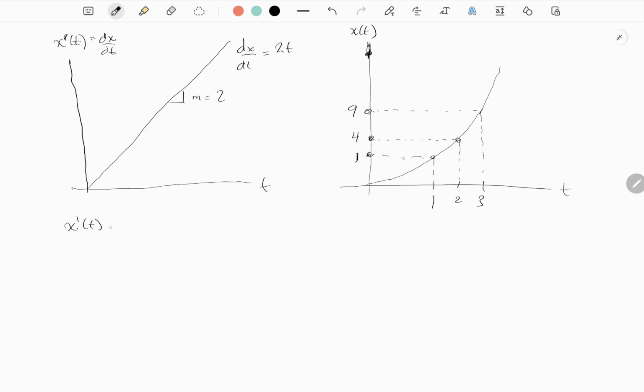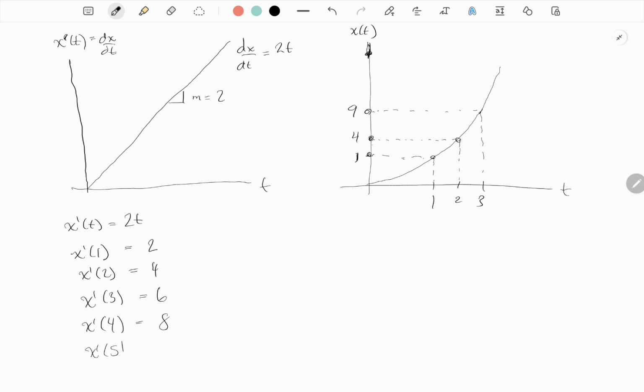X prime of t equals 2t. So x prime at 1 is equal to 2. X prime at 2 is equal to 4. X prime at 3 is equal to 6. Let's keep going. X prime at 4 is equal to 8.